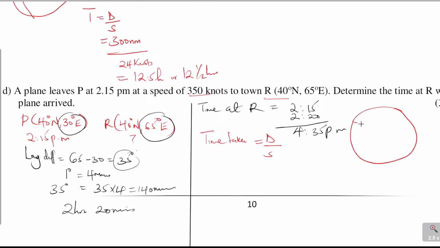Both of them are 40 degrees north, and one is 30, the other 65 degrees. P is 30 degrees east. So P is there, and then the other one is, let me draw these properly, because both of them are to the east.